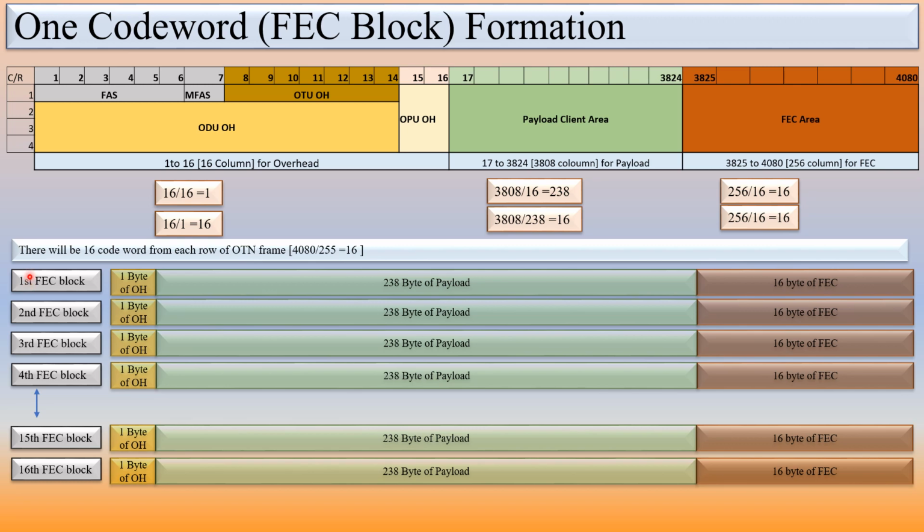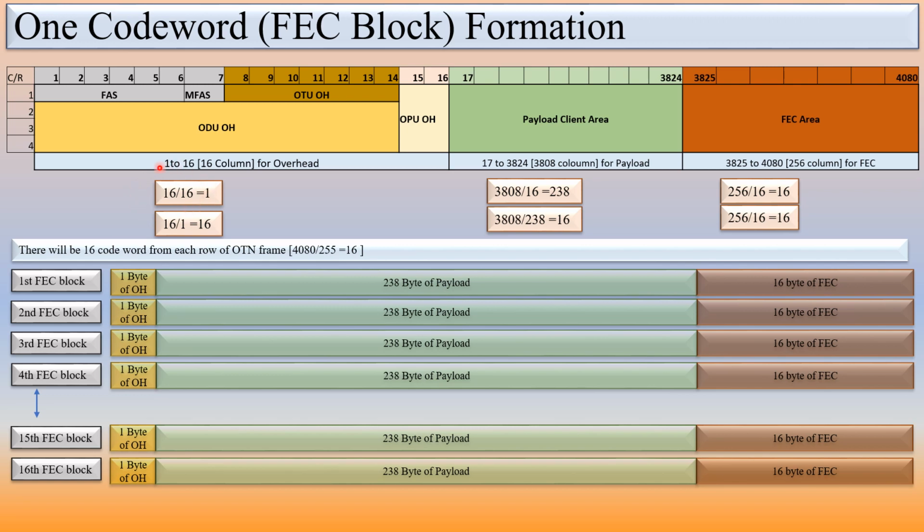And if we multiply 255 by 16, we get 4080 bytes. So it's very clear that from each row 16 FEC blocks will be created. In the same way, from the second, third and fourth rows also, 16 FEC blocks can be created.